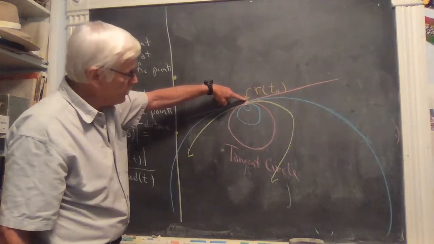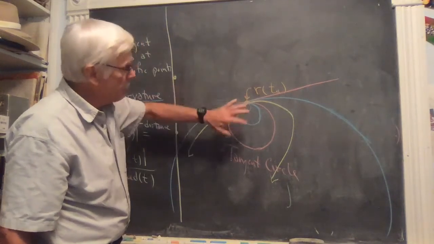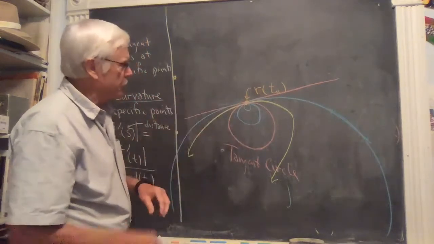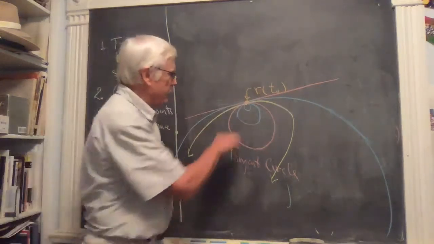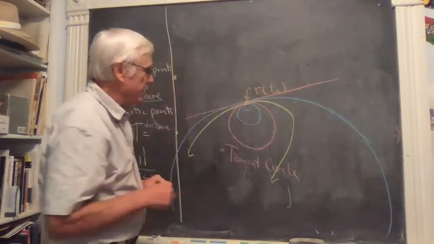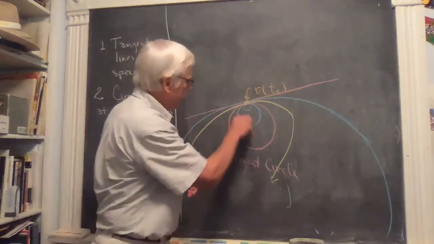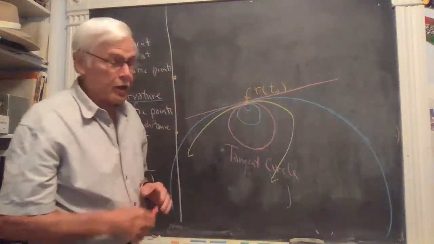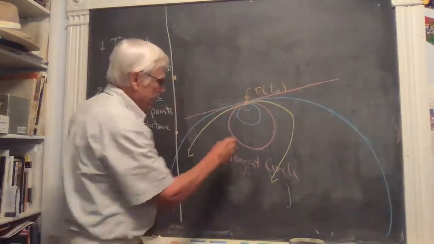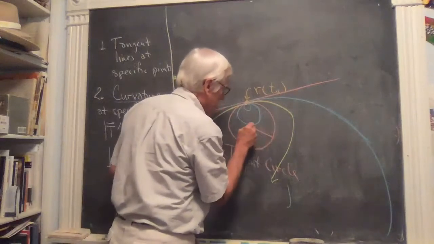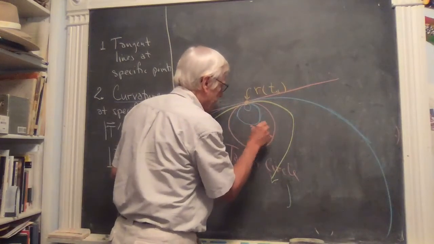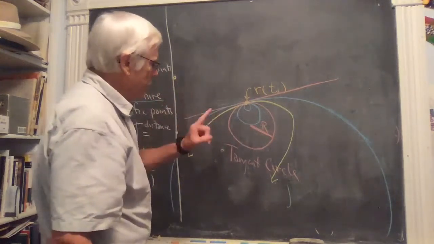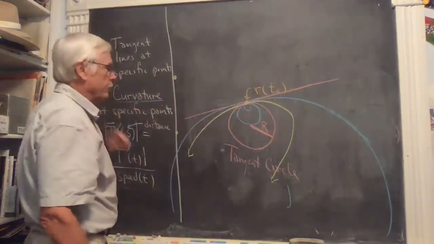So they all have this as a common tangent, but there's one circle that has the property that it is the tangent circle, meaning that any smaller circle lies completely on one side of the graph, at least locally, and any larger circle lies completely outside the graph. And that particular tangent circle has a radius.